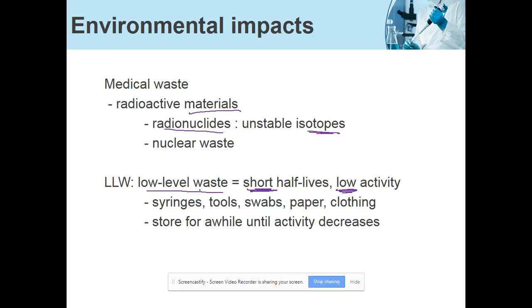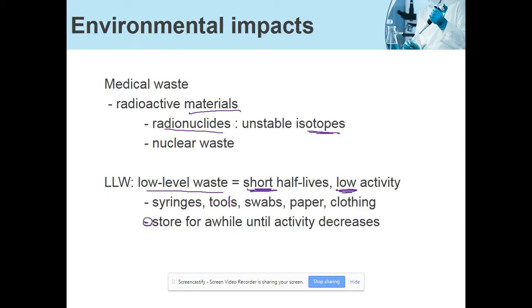And so low-level waste products tend to include syringes, other tools, tongue depressors, and paper towels, and vials and jars that we would use to hold on to these radioactive materials that we use for cancer treatment or diagnostic tools. All of these that are low-level waste, they're contaminated with these short half-life radioisotopes.